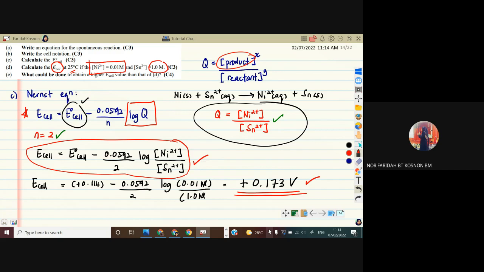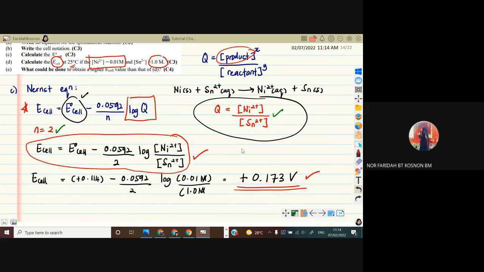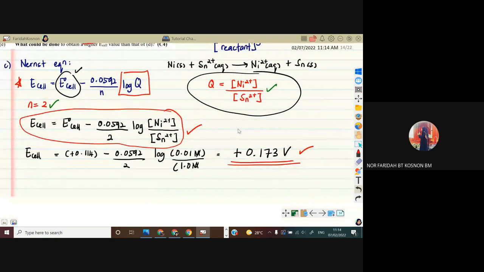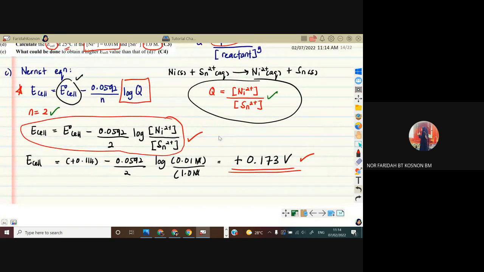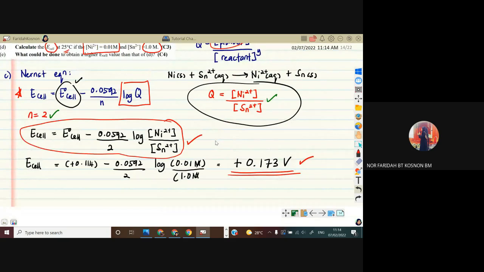Okay, so now continue with question E. Okay, so saya nak buat pada slide yang sama je lah. Okay, question E. Okay, dia kata what could be done? Apa yang boleh dibuat, apa yang perlu dibuat to obtain a higher E cell value than that of D? Kena fahamkan soalan itu. Okay.